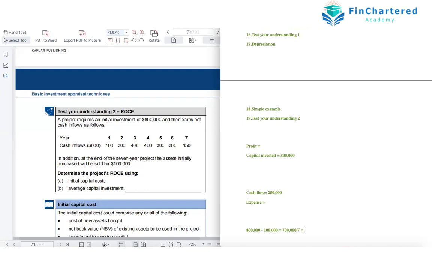So the yearly depreciation will be how much? 700,000 divided by 7 is 100,000. So that is your yearly expense. So your profit would be 150,000. You got your second ingredient, which is the capital invested. So 150,000 divided by 800,000 into 100.